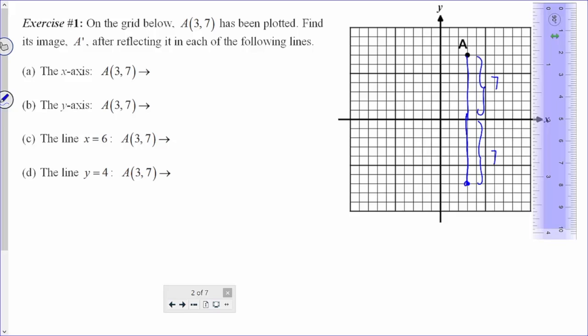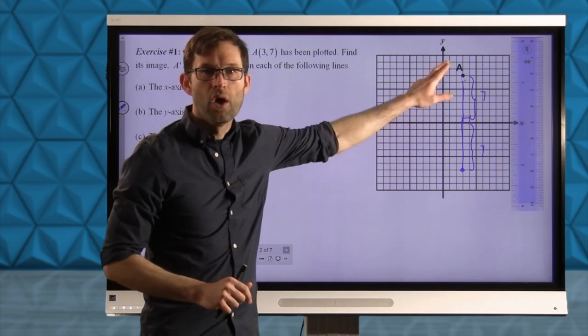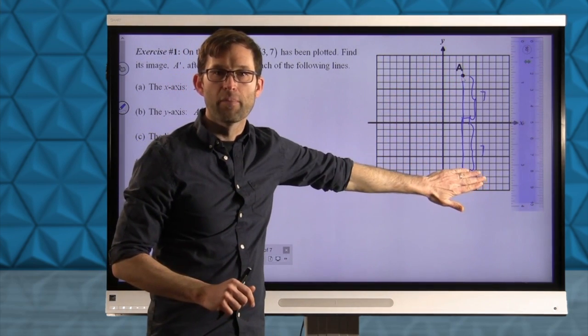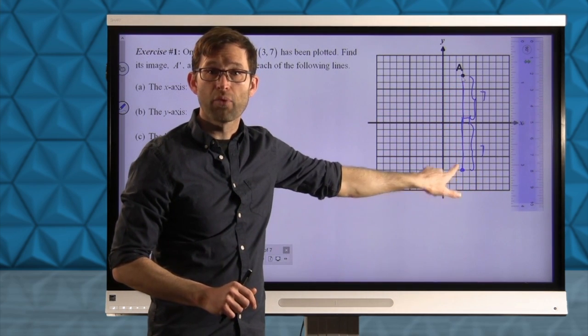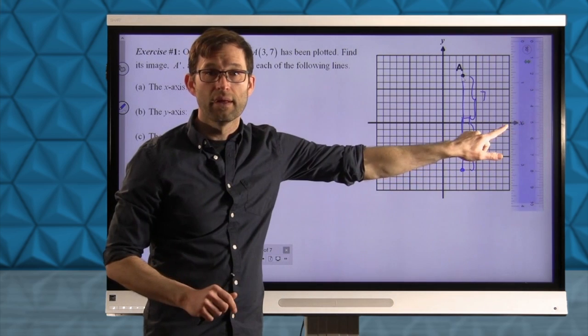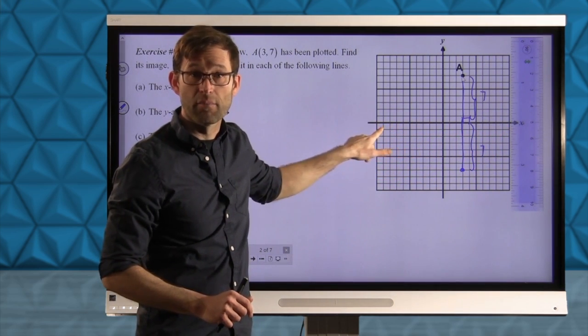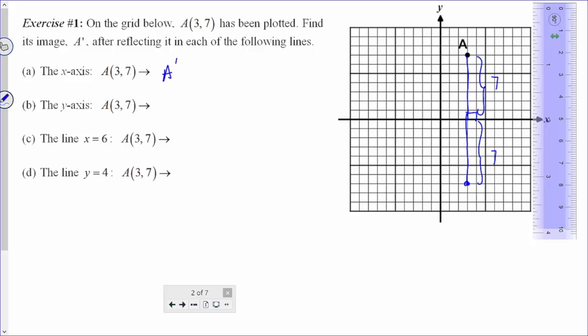The key here is that that is a perpendicular situation. In other words, we're not going to get A prime down here. We're going to flip it over the x-axis so that when I connect A to its image, A prime, that line segment is perpendicular to the x-axis and is bisected by it. That gives us A prime at (3, -7).